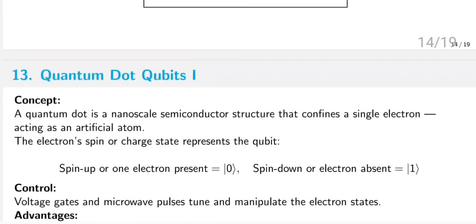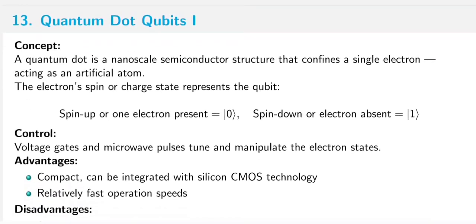So moving on to one more qubit, the quantum dot. It is a tiny semiconductor particle that traps electrons. They act like artificial atoms. The electron spin can be of two types.